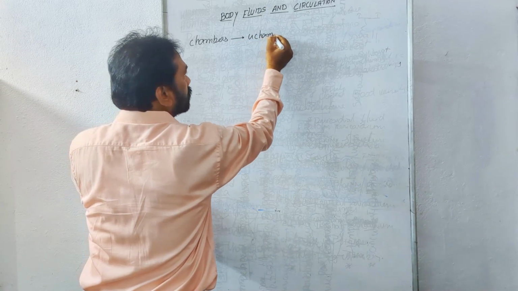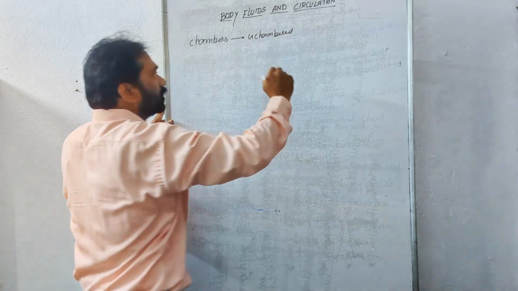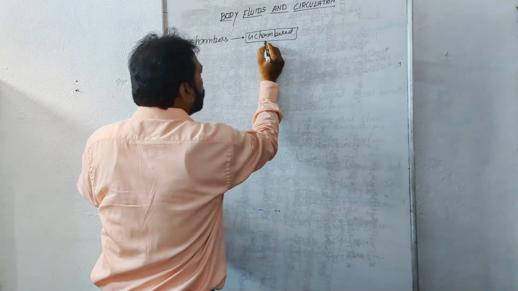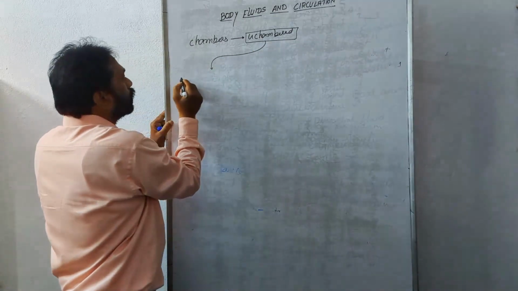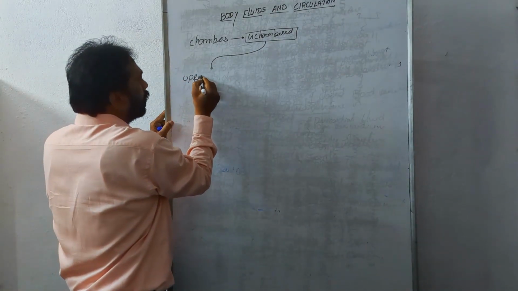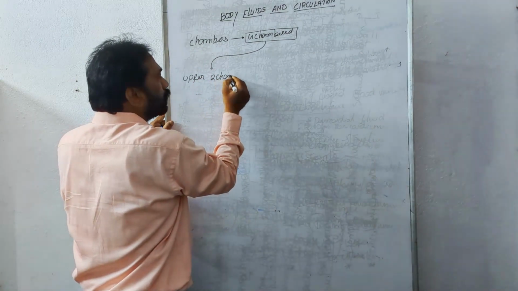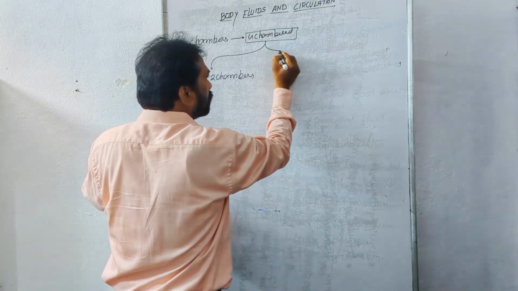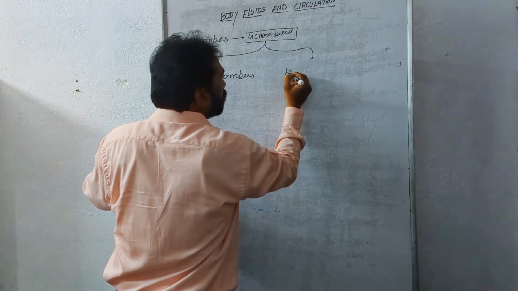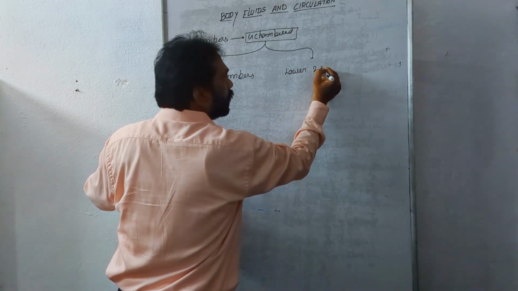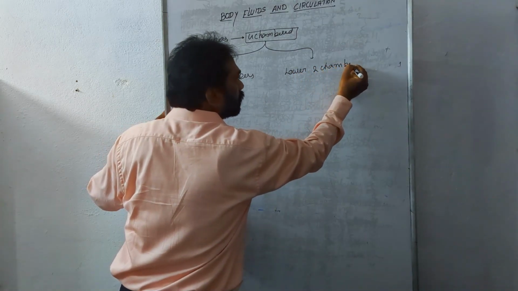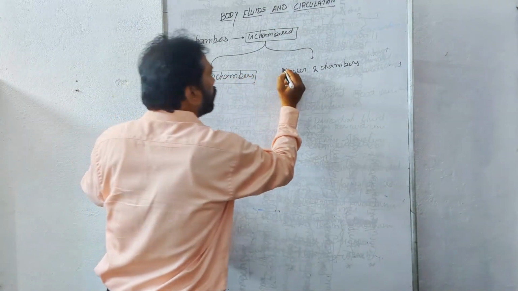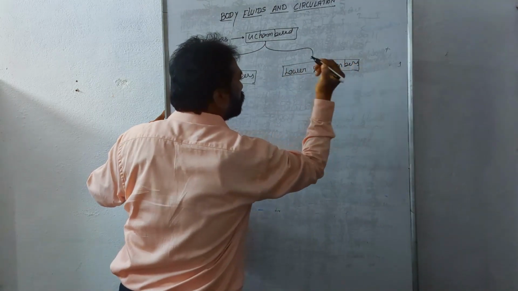Chambers. Four-chambered heart. In this four-chambered heart, upper two chambers and lower two chambers.